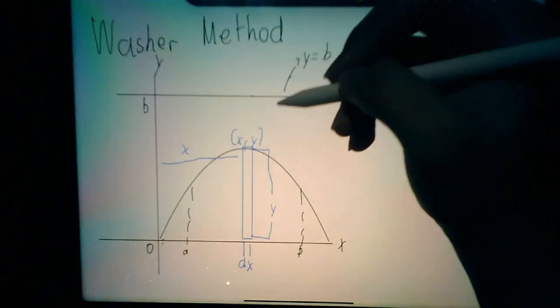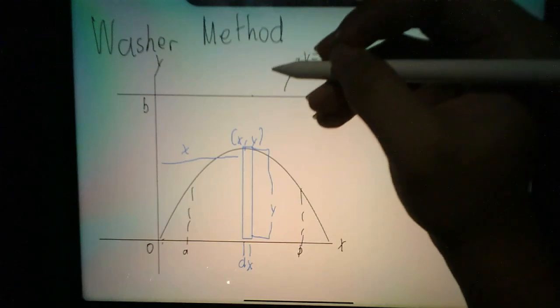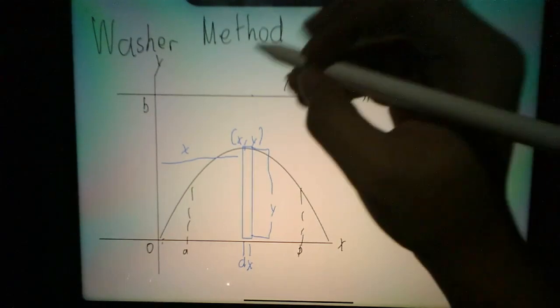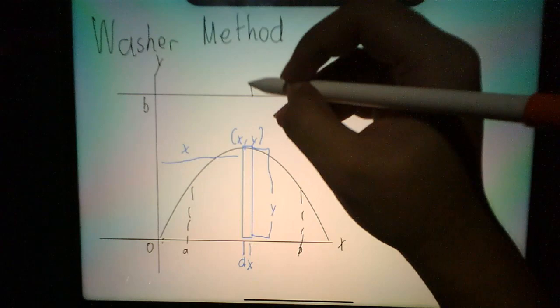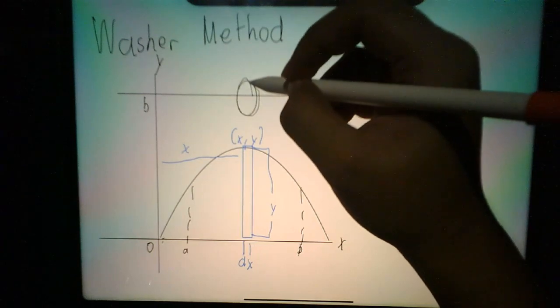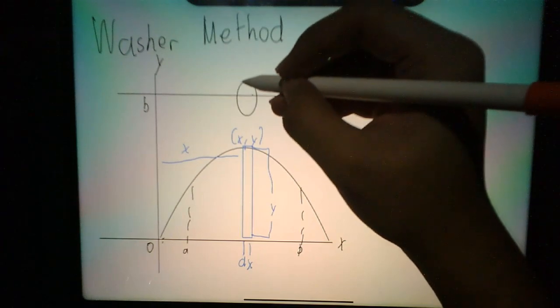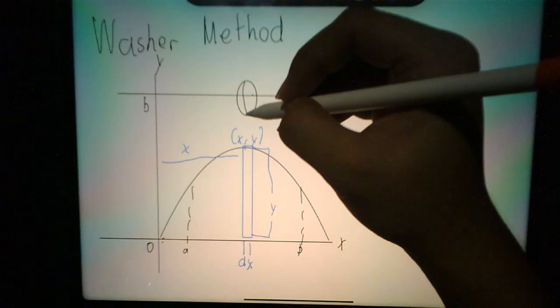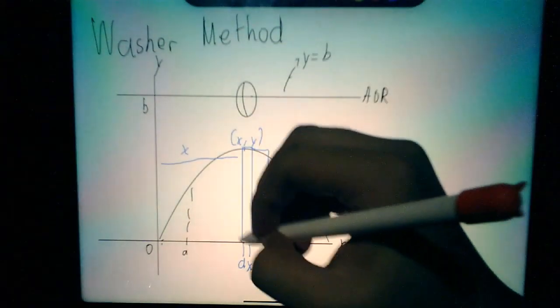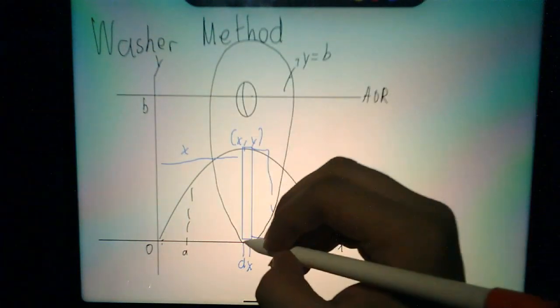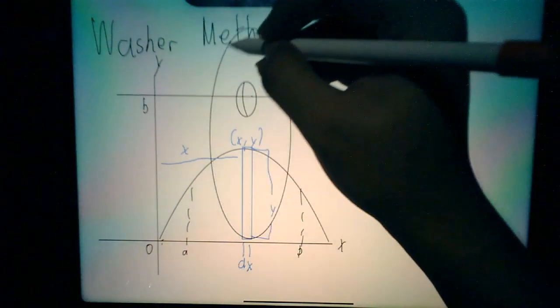By doing this, we can make a solid shape. So circle here and circle there.